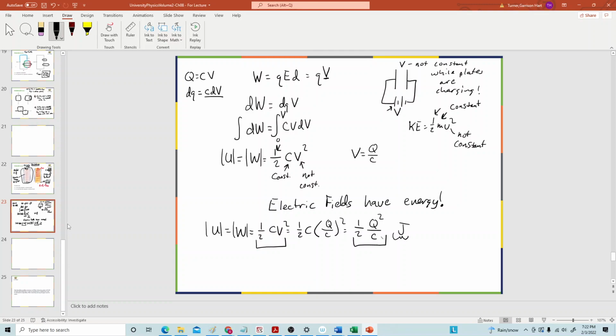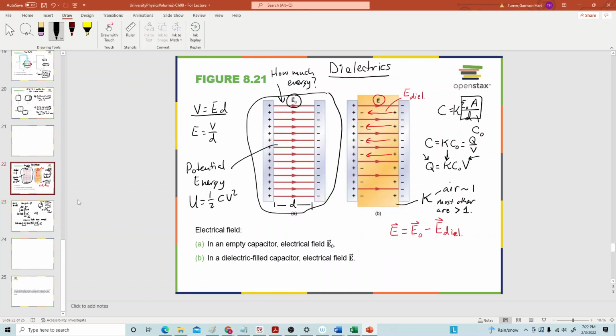So, for example, if we come back up here, let's say that the charge on the plates was 3 microcoulombs, and let's say that this is a 12 microfarad capacitor.